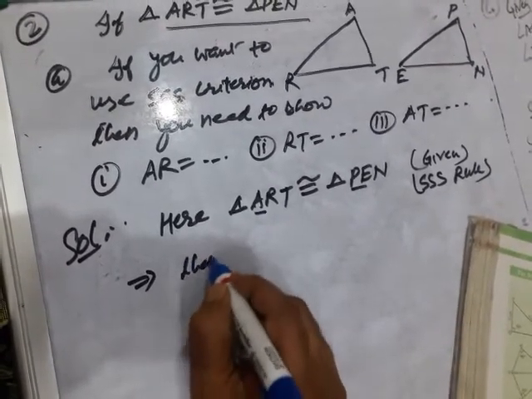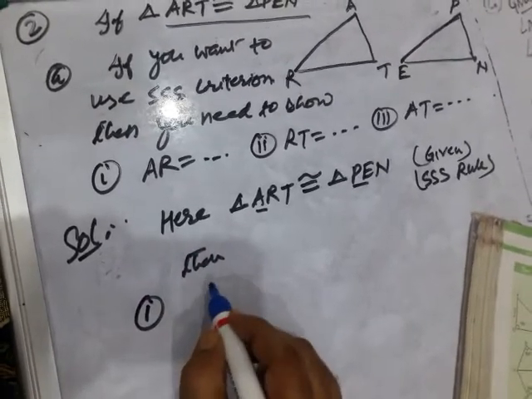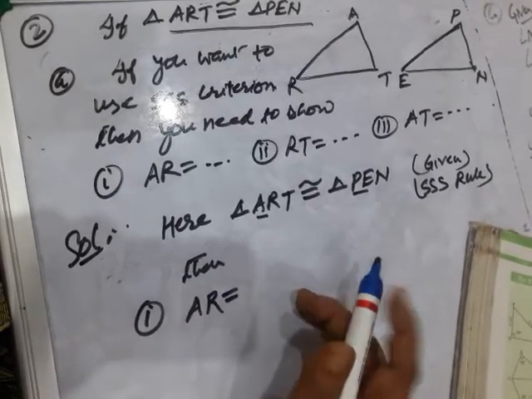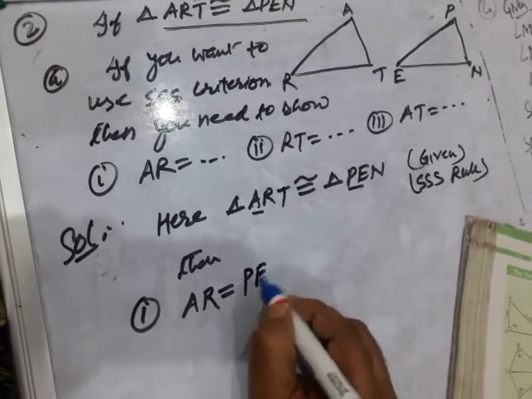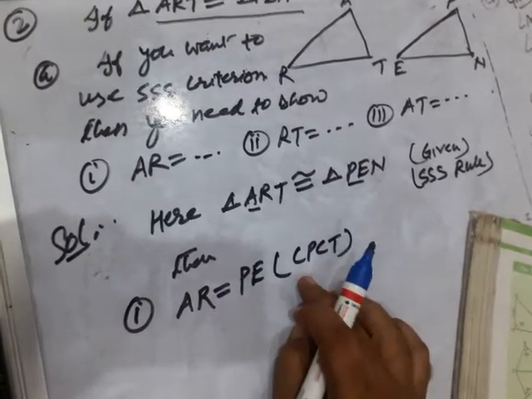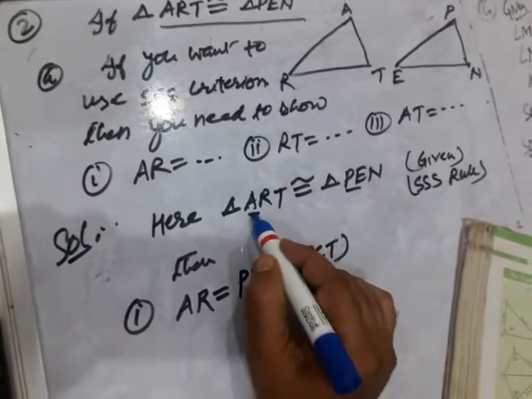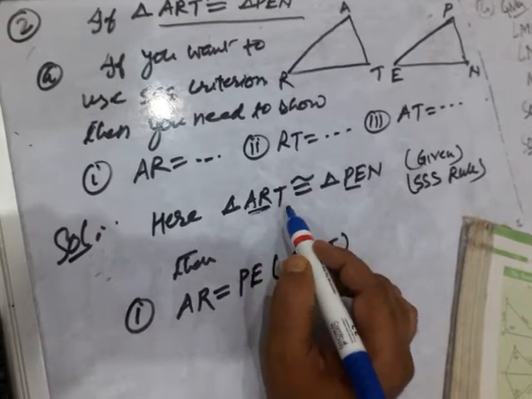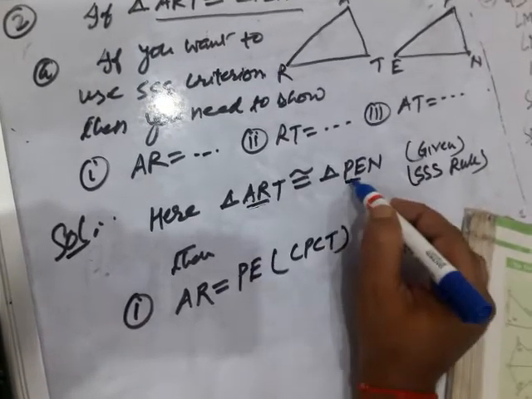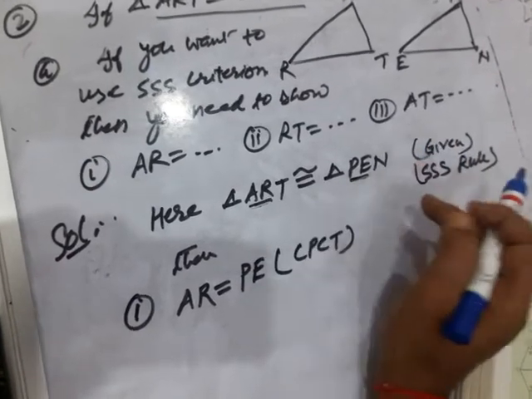First part is AR equal to PE. How? That is called CPCT, corresponding parts of congruent triangles. AR means the first two vertices of one triangle equal to the first two of the other; the proper order must be maintained.